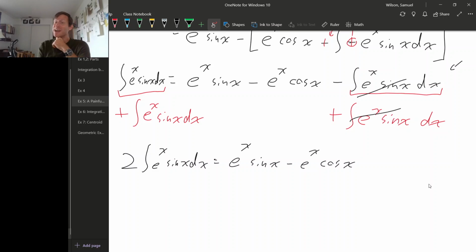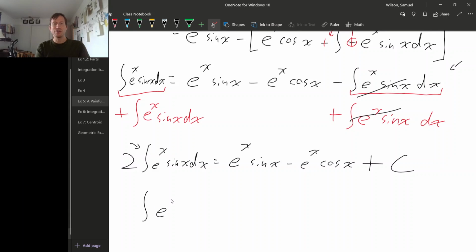So now we need to write out that constant of integration, right? As soon as one side of your equation doesn't have a constant of integration, you need to write it. So there we'll write plus c. And finally, we can finish getting our unknown integral just by dividing by 2.